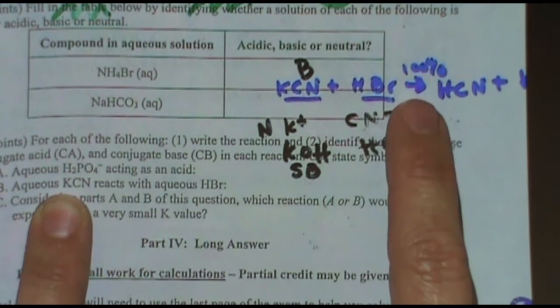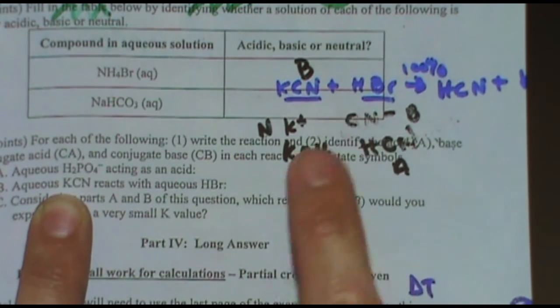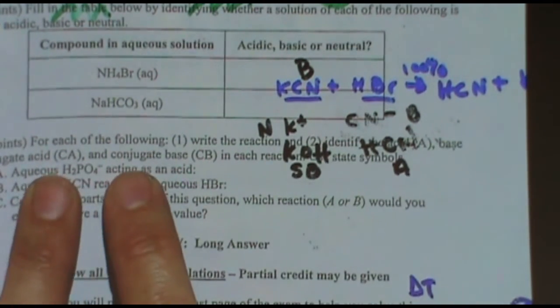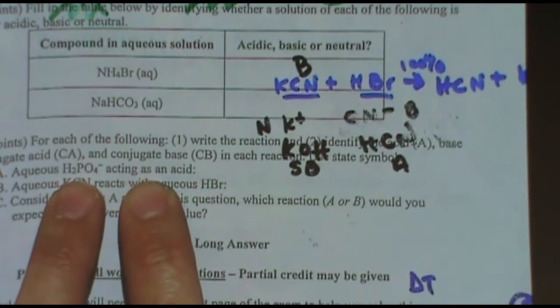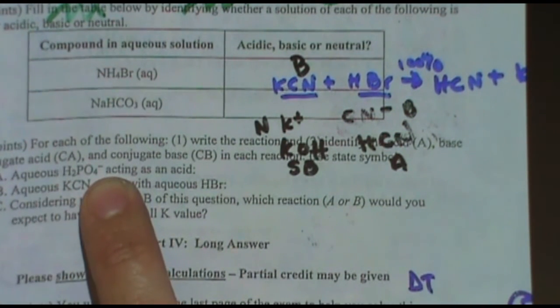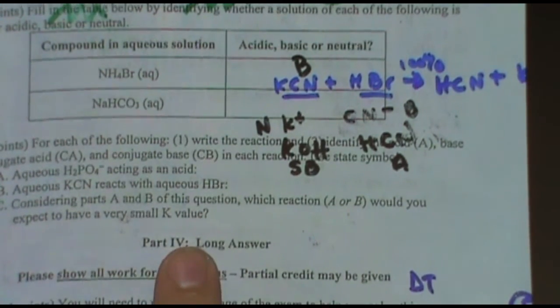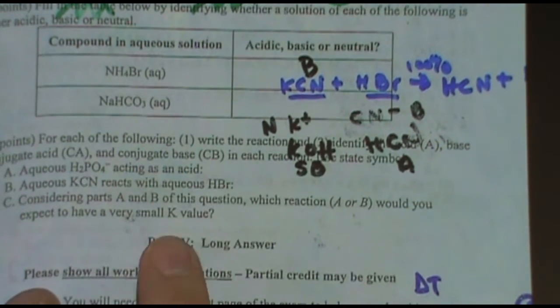It has to be large. It goes forward 100% whenever there's a strong one here. So that was large. A, anybody? Small because? It's weak acid. Is that okay? That's all I wanted. There's no math. It's just which would you expect.